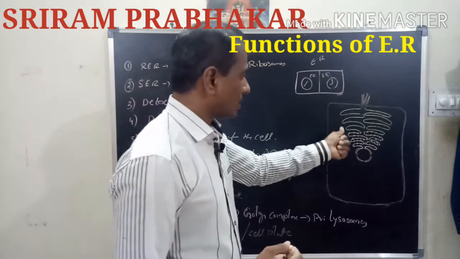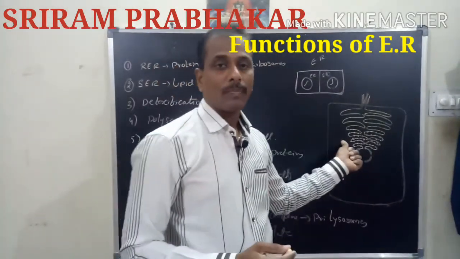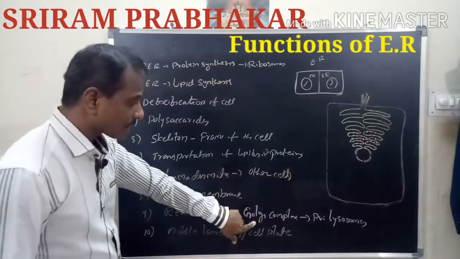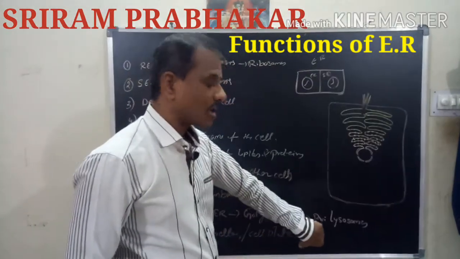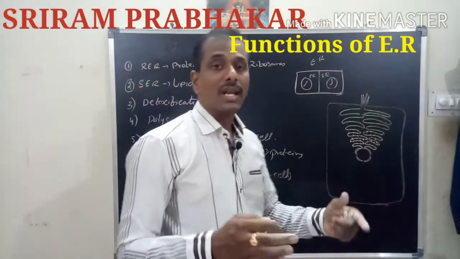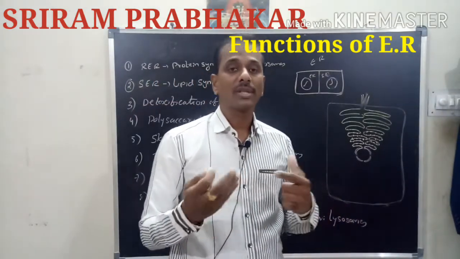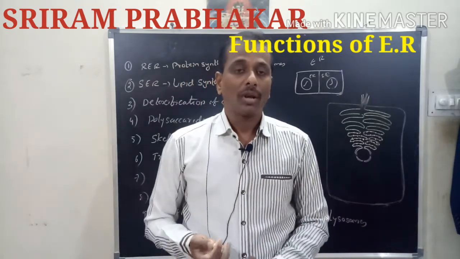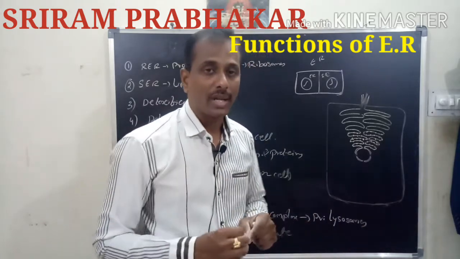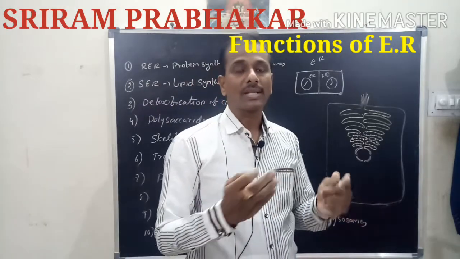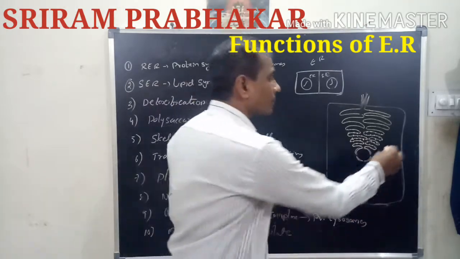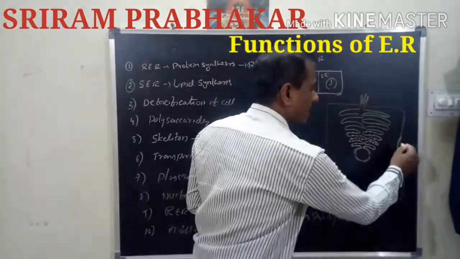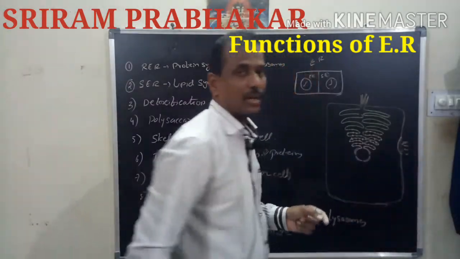How? This endoplasmic reticulum can help in the formation of the Golgi complex and then lysosomes. These lysosomes help in the digestion of the material which enters the cell. After the digestion of that material, the waste material is transported to the plasma membrane. The plasma membrane excretes the waste material.